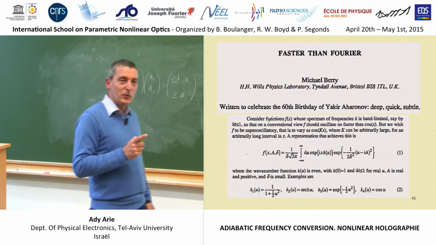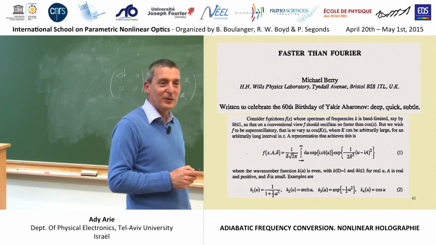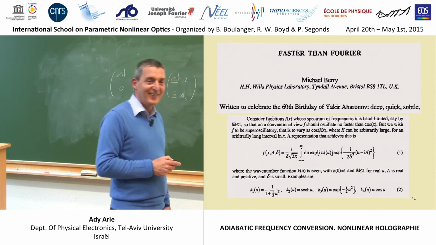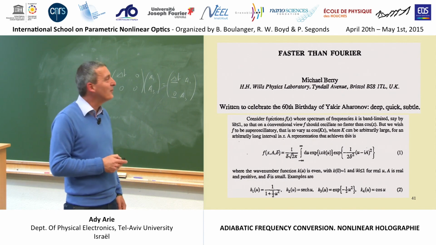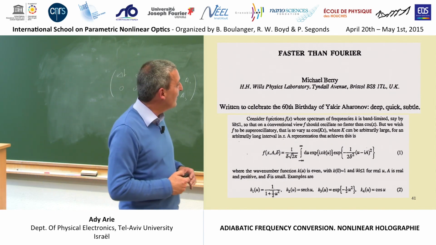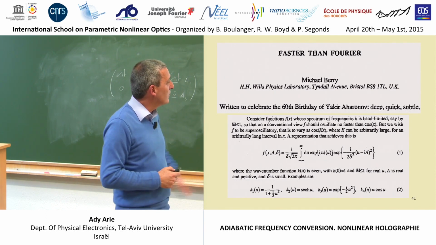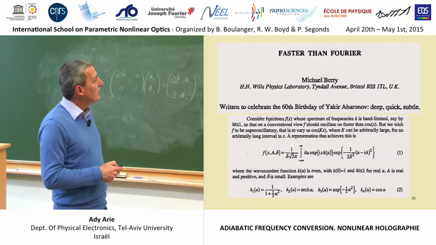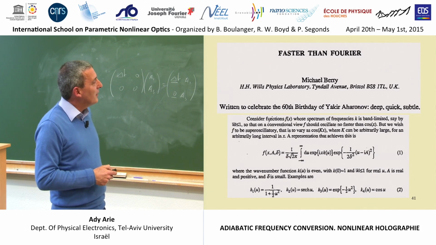Okay, so now because we are under the auspices of Joseph Fourier University, it's time now to talk a little bit about Mr. Fourier. This would be my last topic. This is a very nice concept.